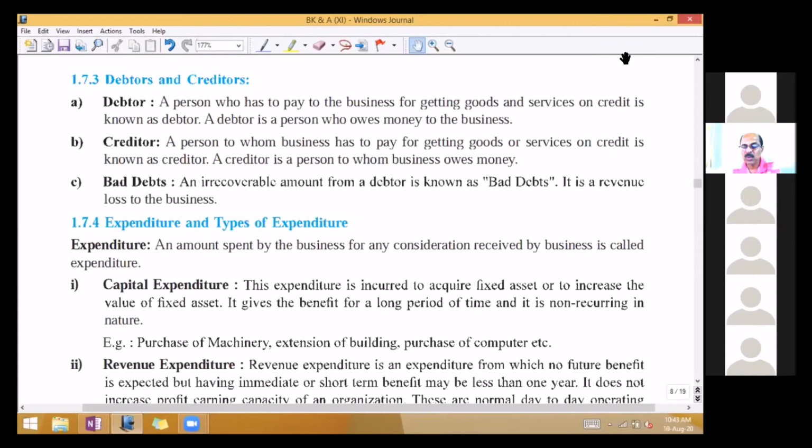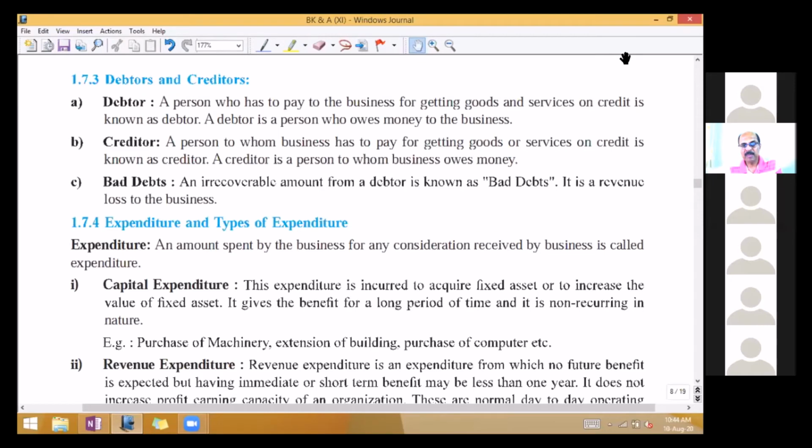A retailer is a person who sells his product to the customers, to the users. Correct? So a creditor is a person to whom you have to pay money. A debtor is a person from whom you have to receive the money. So this is debtor and creditor.